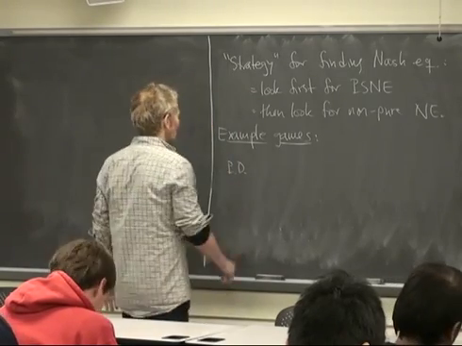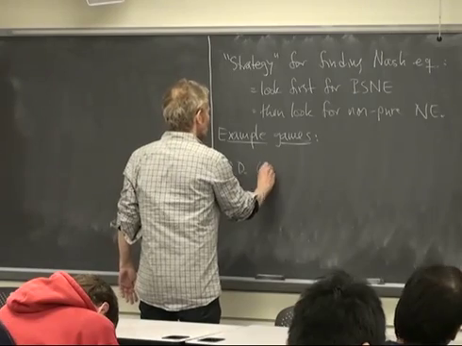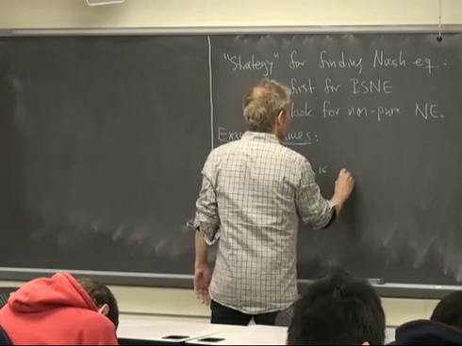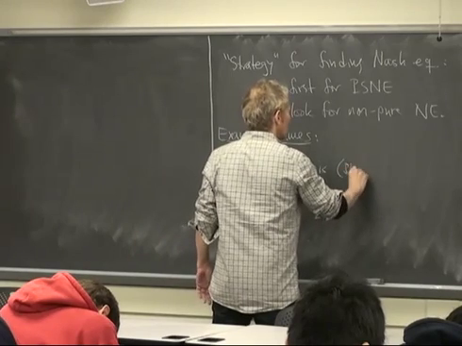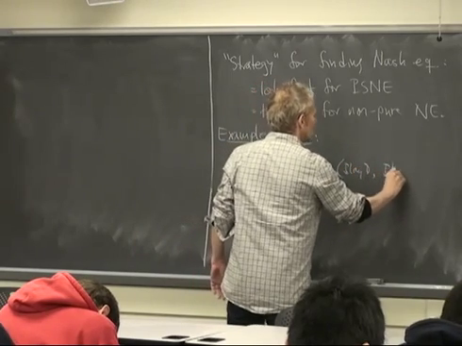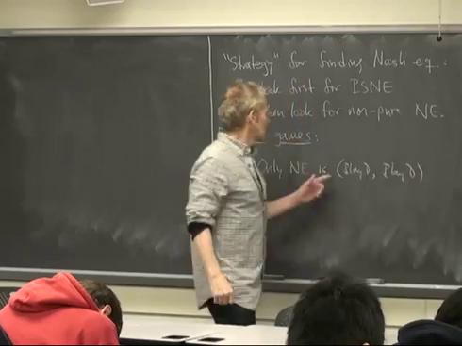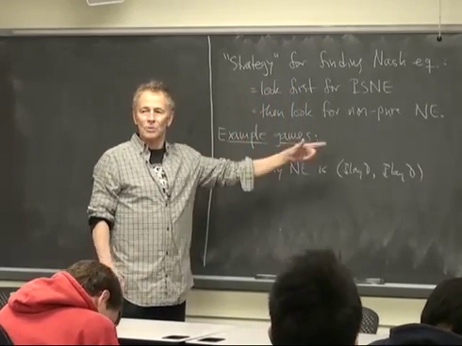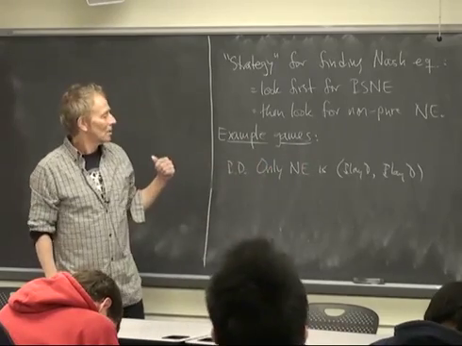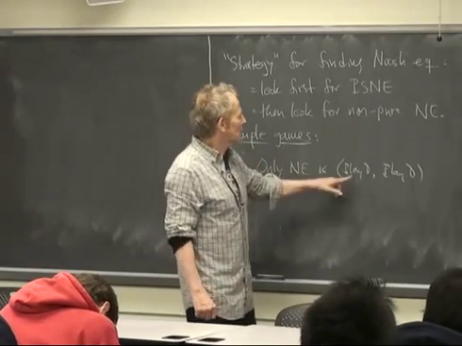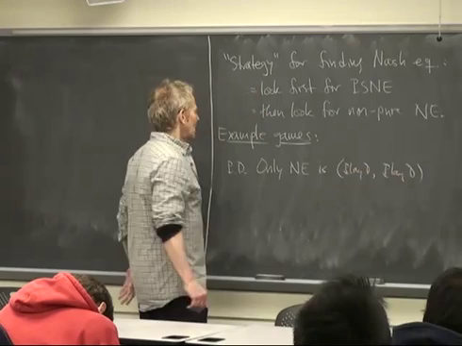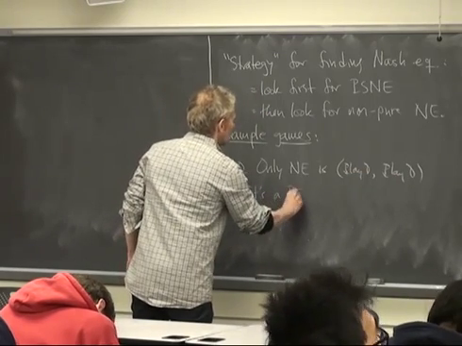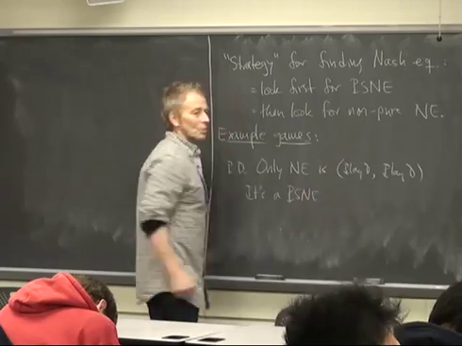Yeah, yeah. Prisoner's dilemma, the only Nash equilibrium is play D, play D. Remember, a Nash equilibrium is not a strategy. It's a strategy profile. It's a choice of strategy for every player. There's two players here. Each has to have a strategy, and that's the Nash equilibrium. And it's a pure strategy Nash equilibrium, because play D is a pure strategy.